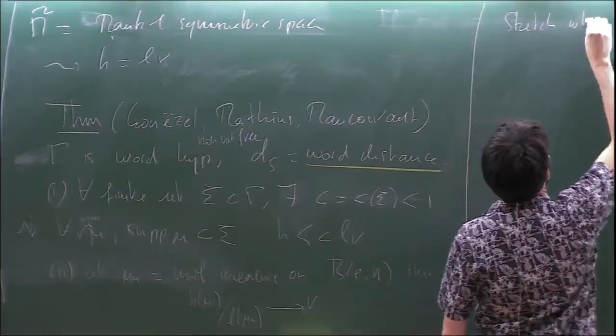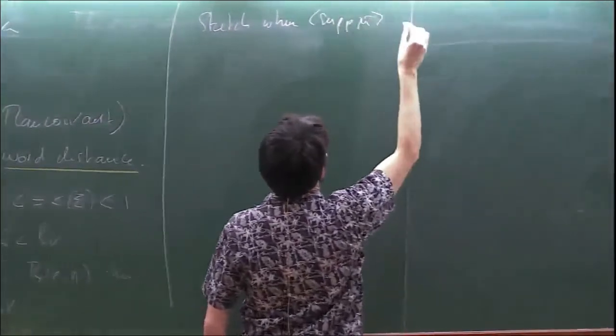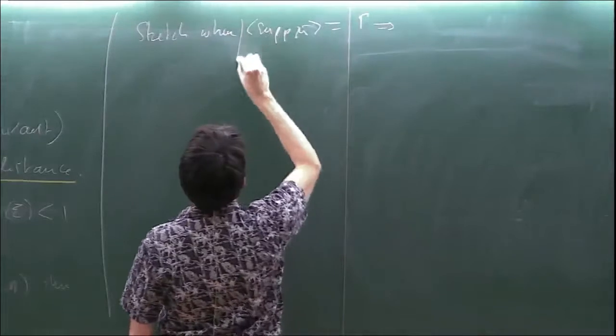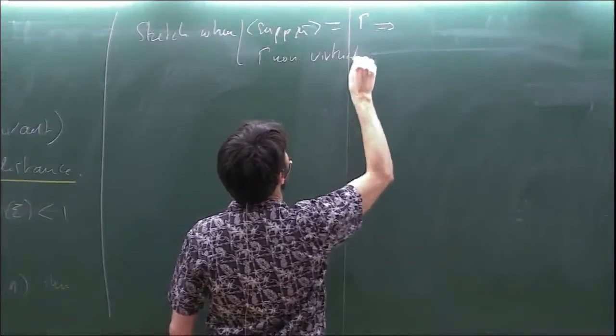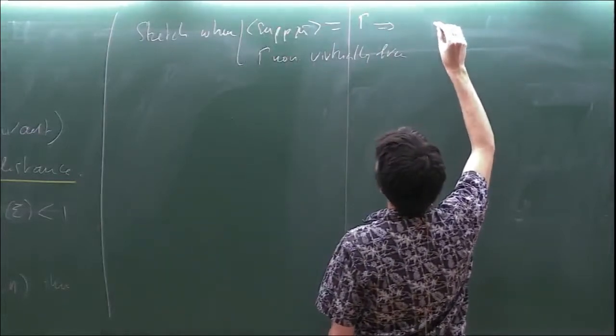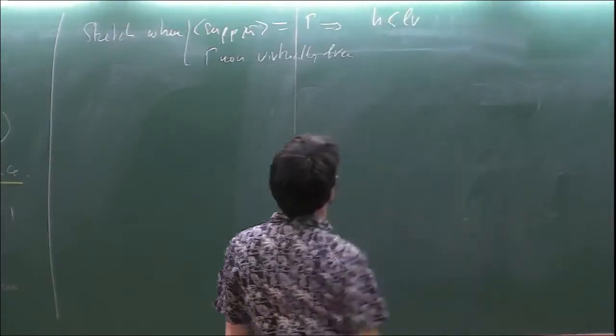A sketch: when the support of mu generates gamma, and gamma is non-virtually free, this implies that H is strictly smaller than LV.